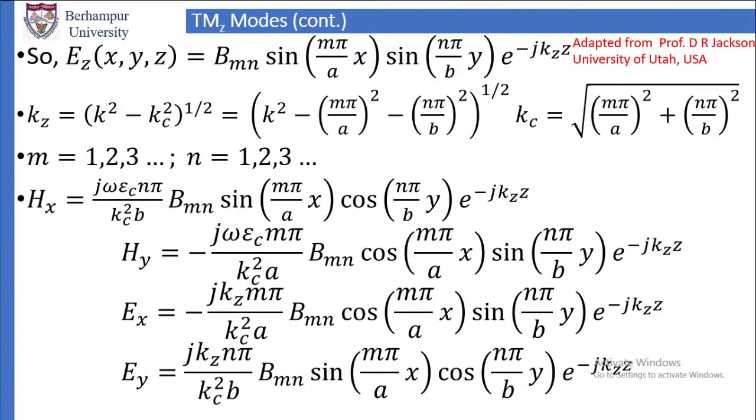Then Hx, Hy, Ex, Ey, all of them will have the z variation as exponential minus j kz z. The other fields are given here. These are also available in the book. I will skip this.